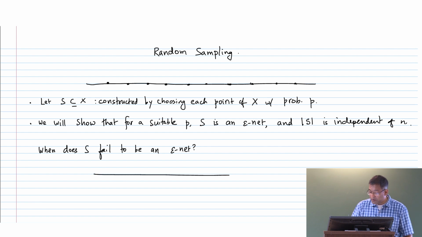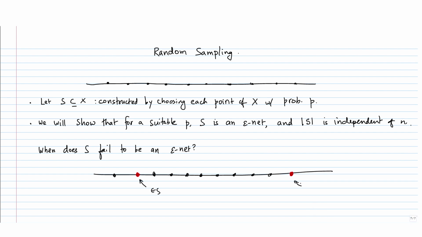S fails to be an epsilon net if there are these two consecutive points that you picked in S, but then you somehow did not pick these epsilon n points that lie in between them.